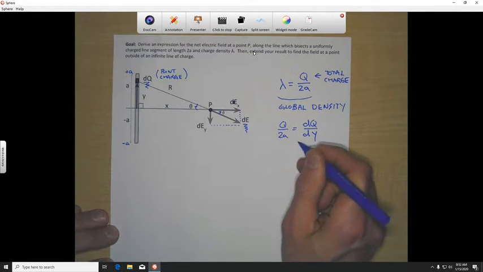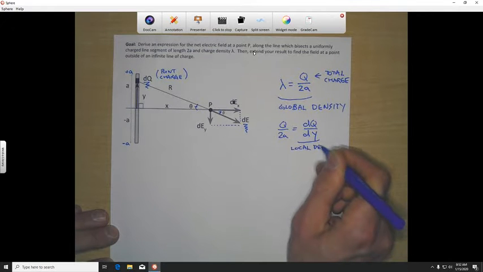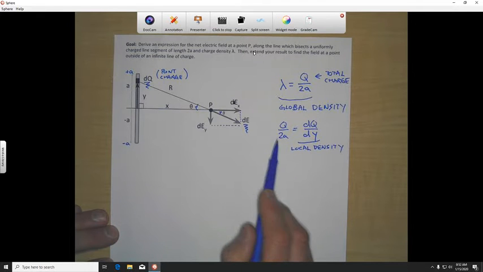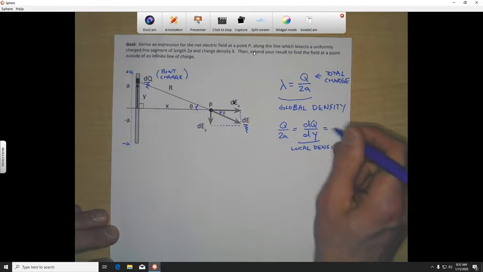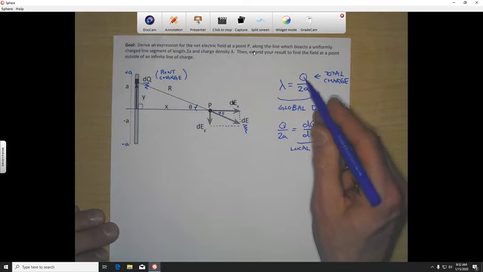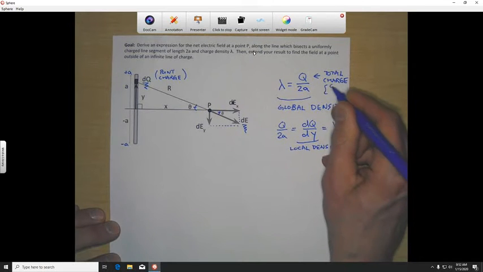So this would be the local density. I hope that makes sense to you. We've talked about this before for mass densities. But the overall average density here should be equal to the local density. And of course, both of those things are just equal to lambda, which is some constant, measured in coulombs per meter. I'll put that up here.